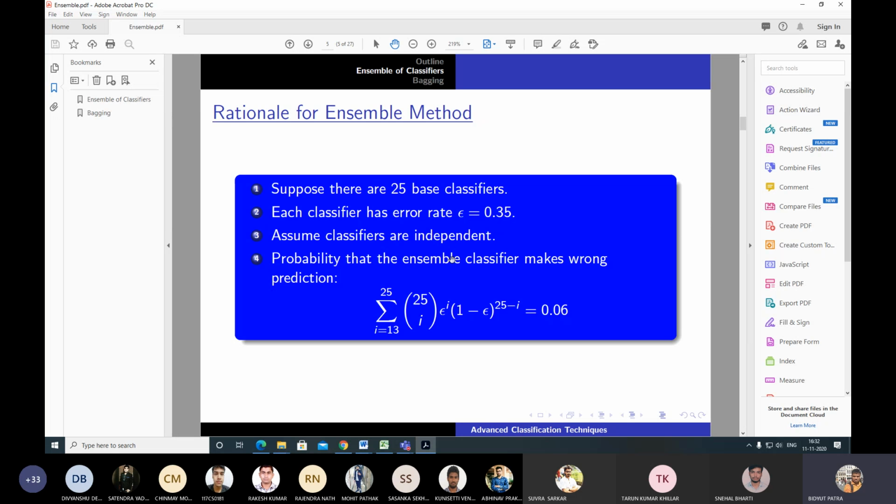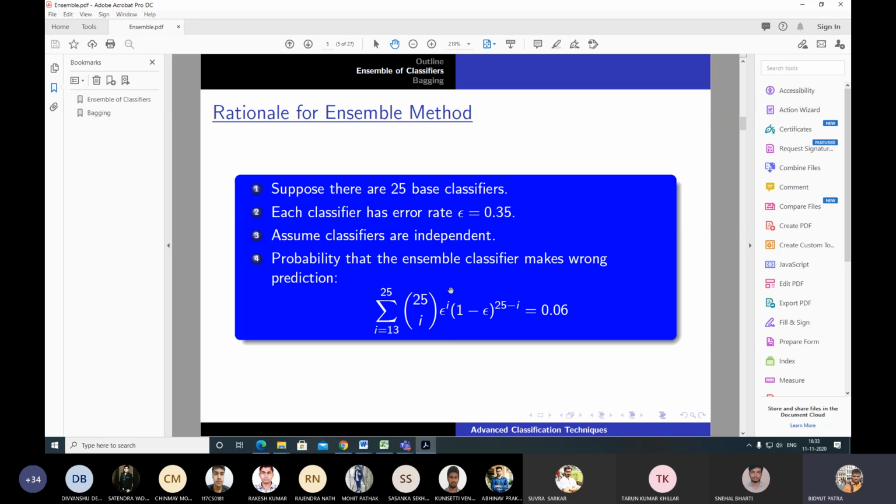Now what will be the probability that the ensemble makes a wrong prediction? Epsilon is the classification error rate for a single object. And what is the probability for the other classifiers, the right choice? It will be 1 minus epsilon, because if a classifier is not making a mistake, it is predicting rightly, and that probability is 0.65, which is 1 minus epsilon.